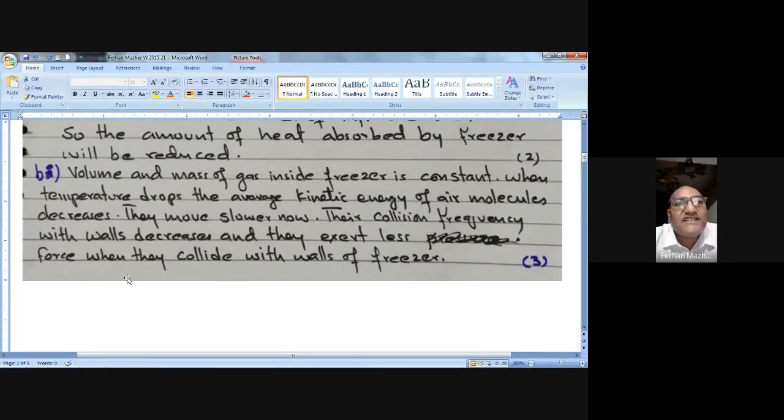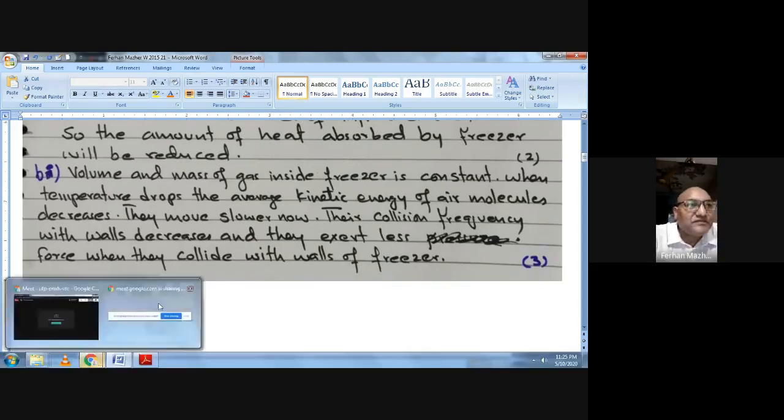Their collision frequency with walls decreases, and they exert less force when they collide with the walls of the freezer. So these are the reasons. One thing, their collision frequency has dropped. Second thing, now they are colliding and exerting less force on the wall. So the pressure of the air inside the freezer decreases. I hope you have understood.